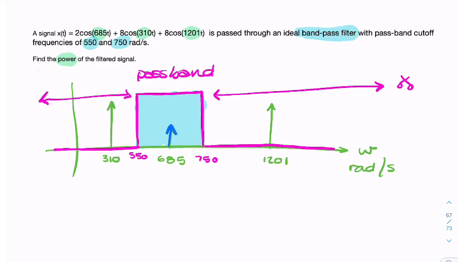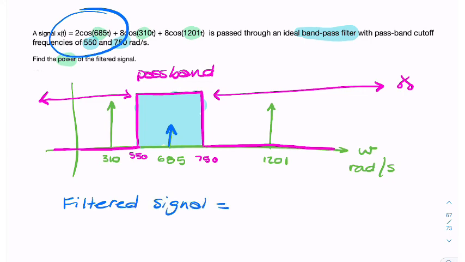So I would look at the signal and I'd say the filtered signal, let's assume that it's an ideal bandpass filter, and therefore it wouldn't change the amplitude or the magnitude there, so it would remain 2 cosine 685t.